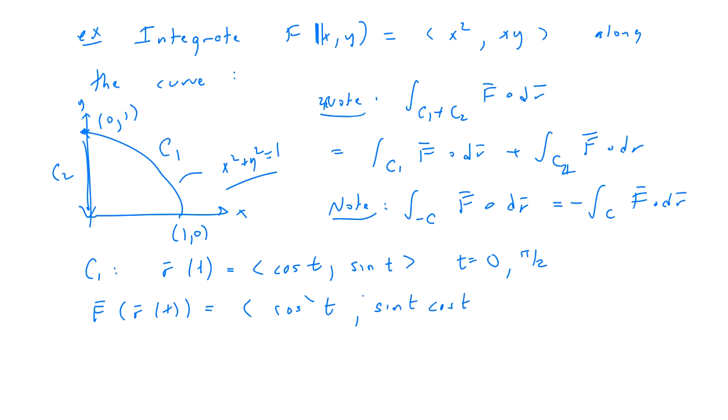And since I just made it up, this probably will not be an integral we can do. Take the derivative of the parameterization, which is negative sine of t and cosine of t. And therefore, we get the integral from 0 to pi over 2 of the dot product.